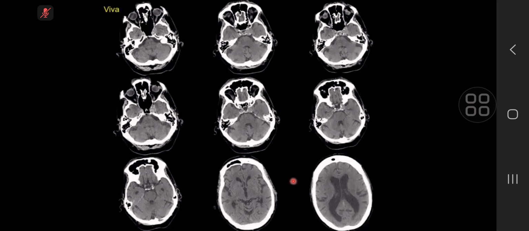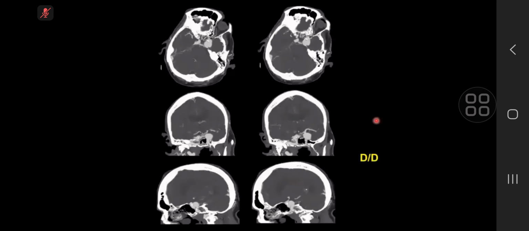Give contrast. Okay, so on these volume images, I can see that there is what looks like an aneurysm in the region of the left cavernous sinus.